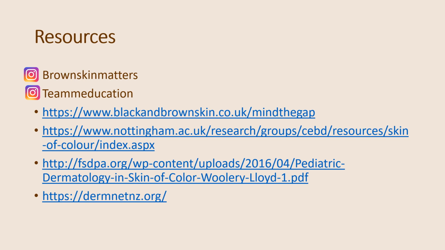They have a fantastic collection of photos of many different skin conditions and have been working on increasing representation of darker skinned patients in their library. Quite a few of the photos used in this presentation have been taken from the DermNet NZ website.